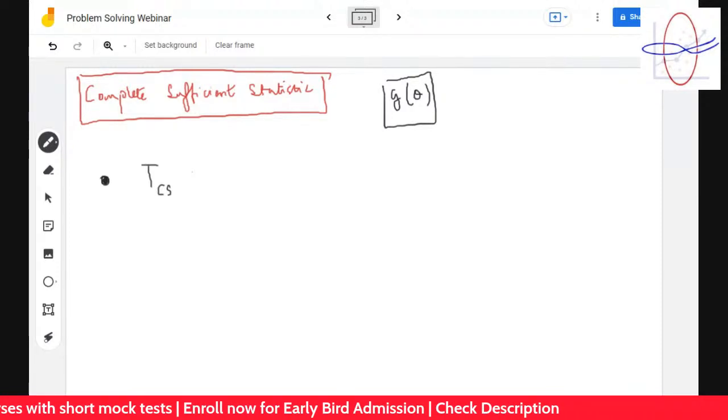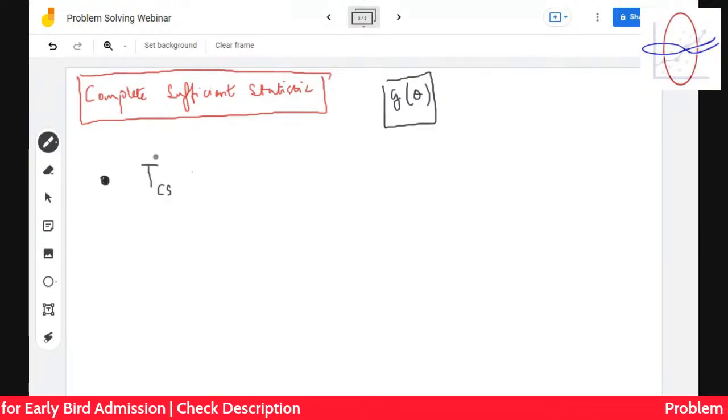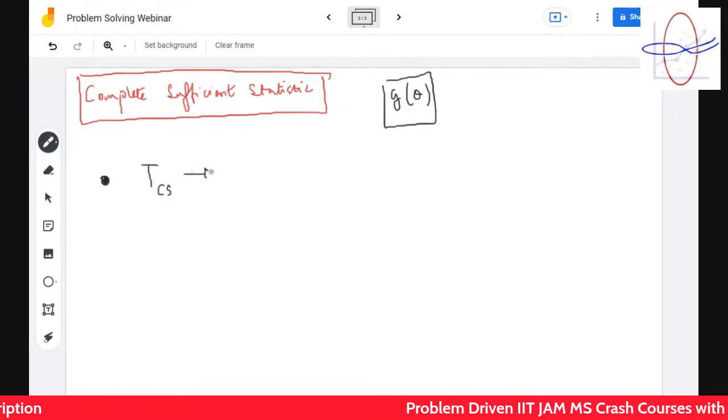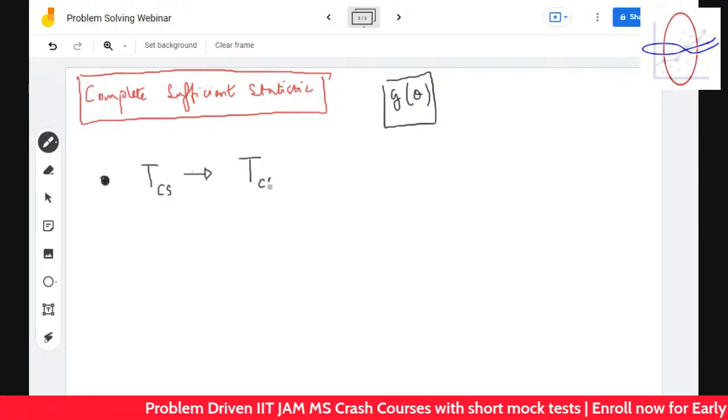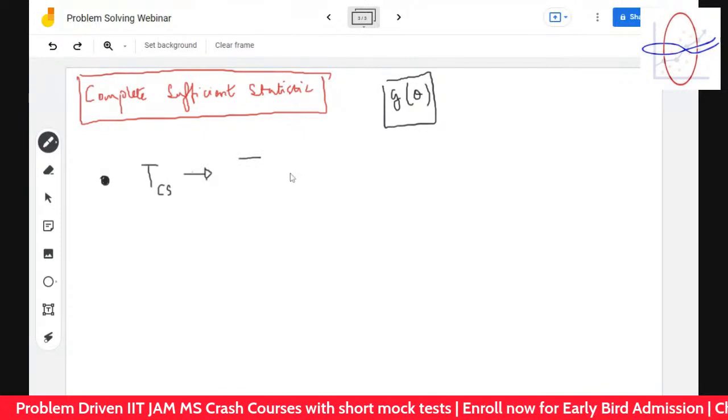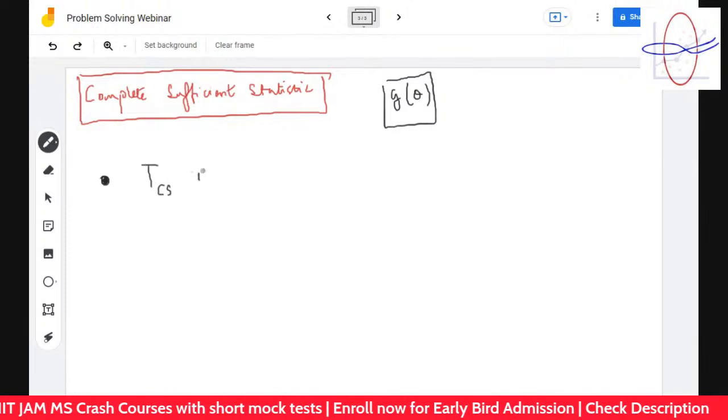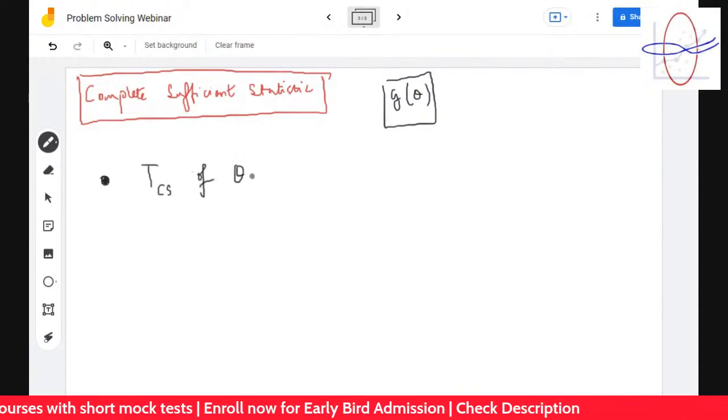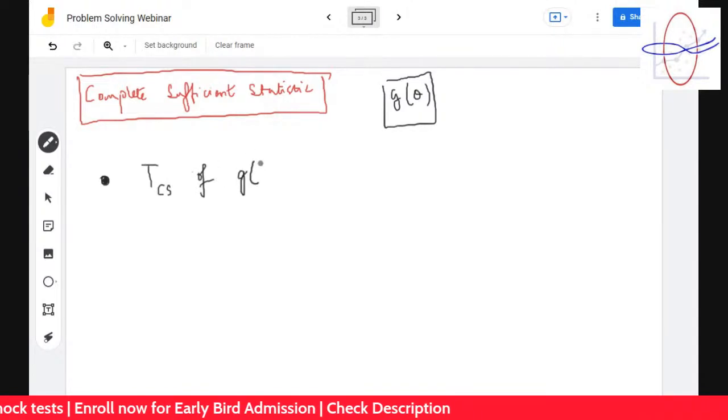So by that I mean that T_CS is a complete sufficient statistic of theta, of g(theta).